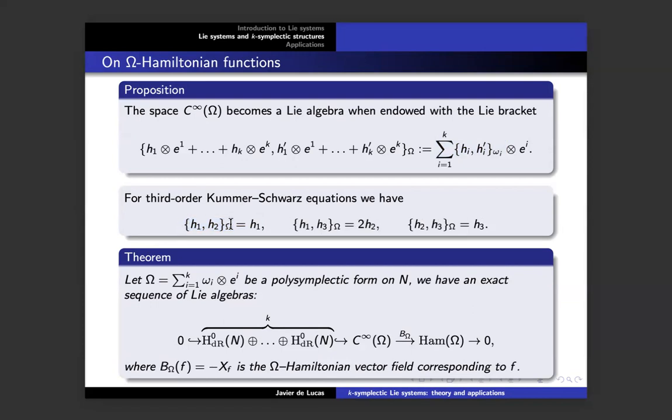So this is a very nice way of dealing with many components, because recall that each vector field, Y1, Y2, Y3, had different Hamiltonian functions, but anyhow, this allows you to construct a bracket that works in a nice way to deal with all the coordinates at the same time.